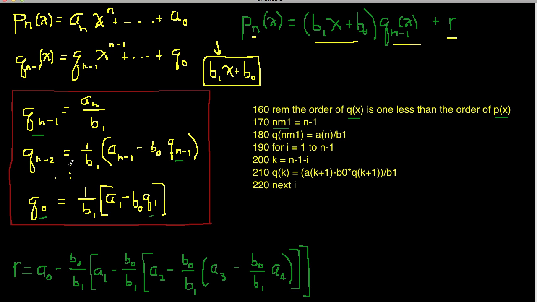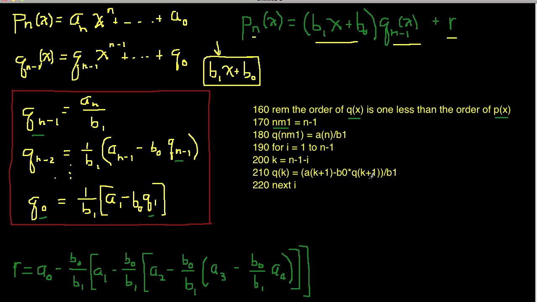So I have q sub n minus 2 equal to 1 over b1, here's the dividing by b1 term, times a sub n minus 1 minus b0 times q of n minus 1 right here.